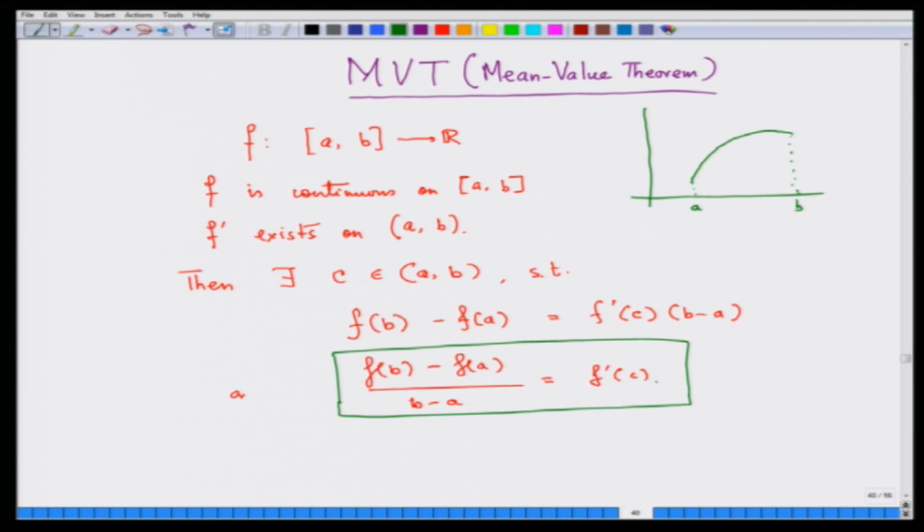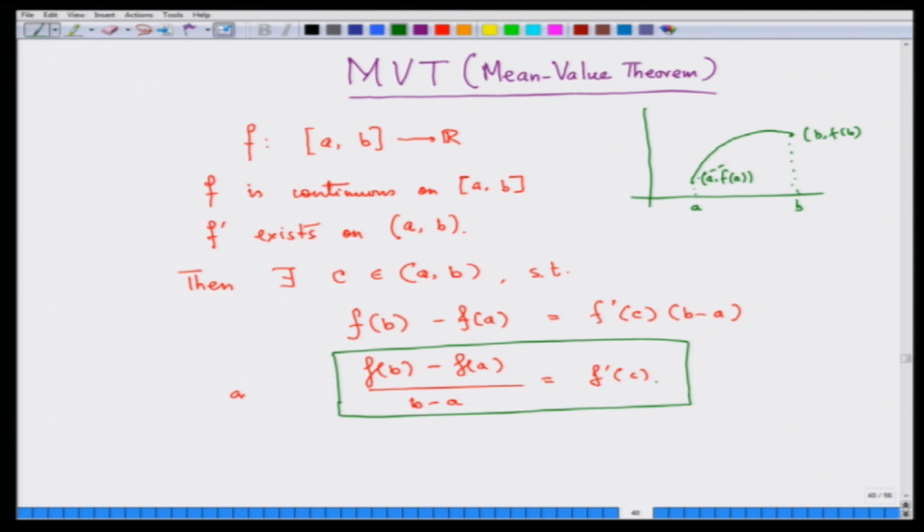So what is my (f(b) minus f(a)) by (b minus a)? If you look at the point a, the coordinates of this point are (a, f(a)). The coordinates of this point are (b, f(b)), the endpoints.